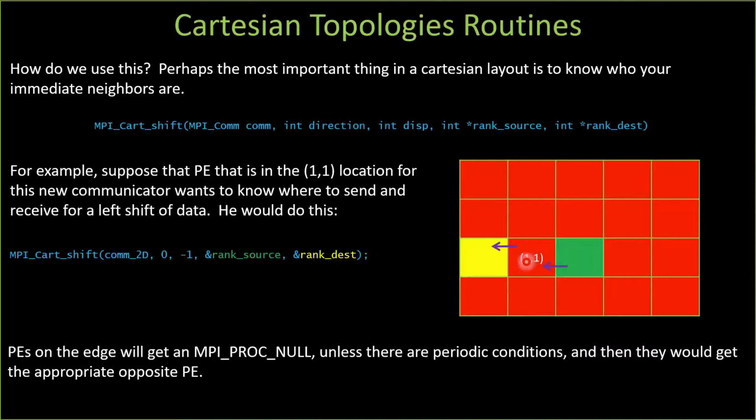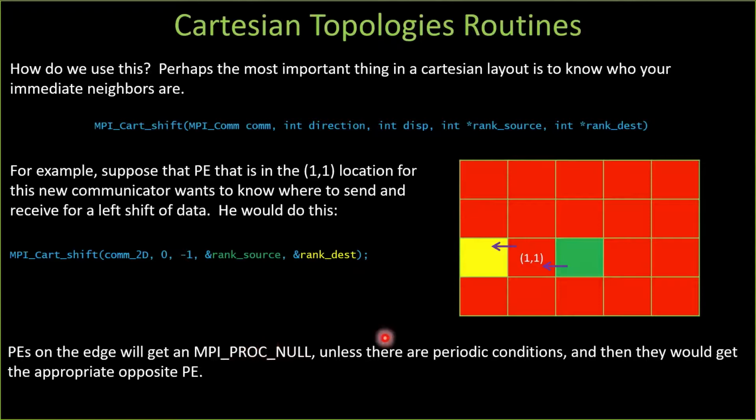It'll even do some clever things. If we want to send to our neighbors to the left, we can just say MPI send to the left, and it'll do it. It'll know that this neighbor here actually doesn't have a neighbor to the left, and it'll substitute for the destination MPI_PROC_NULL, which I pointed out yesterday. It's a predefined black hole you can always send a message to, and it'll be fine.